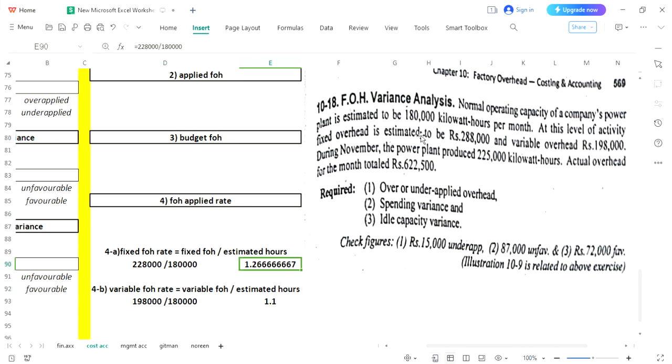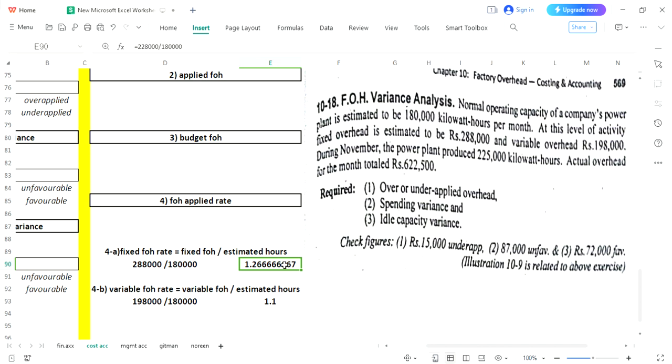I'm just wondering why there are so many decimals over here. 228,000 fixed FOH, okay, that is what I was finding. It is 288,000. Due to the printing, that is what I was looking at, because I was doubtful why so many decimals were coming here. So it is 288,000.